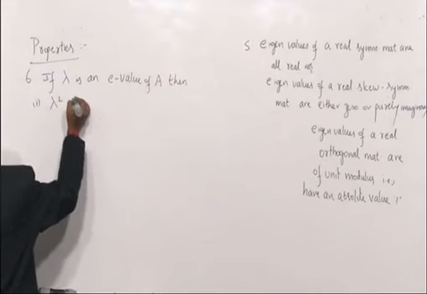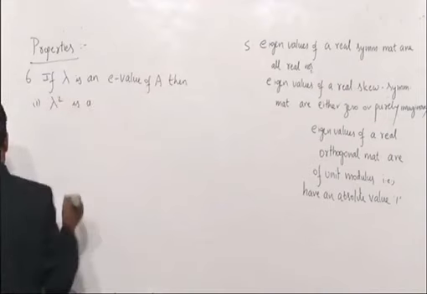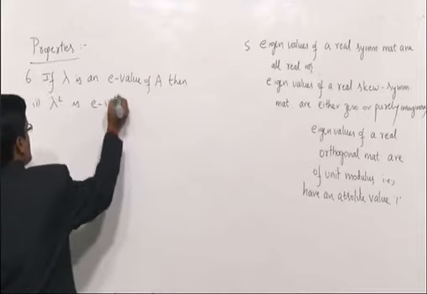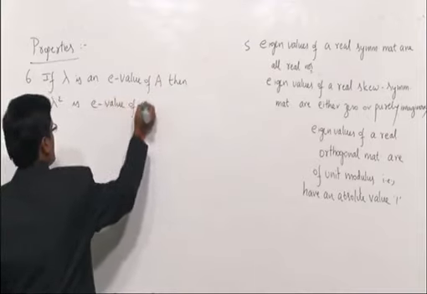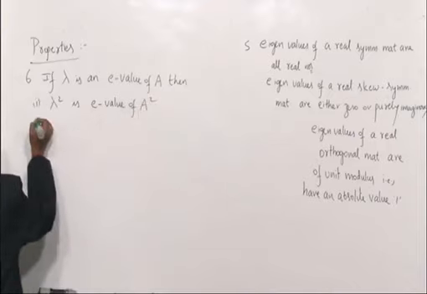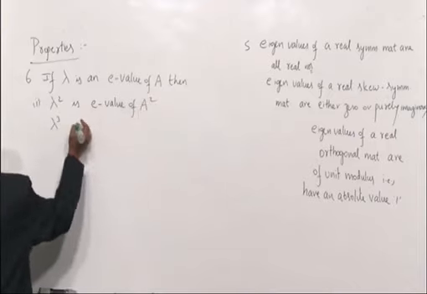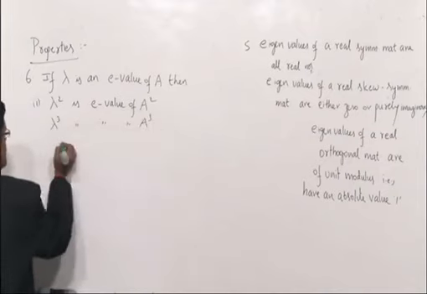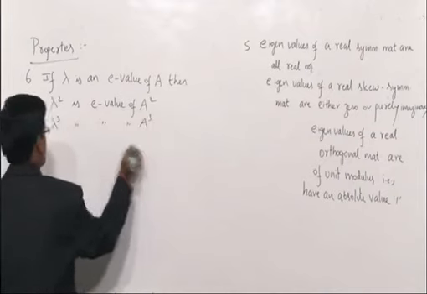lambda square is, correspondingly, I am giving, just observe, an E value of A square matrix. Lambda cube is E value of A cube, and so on.